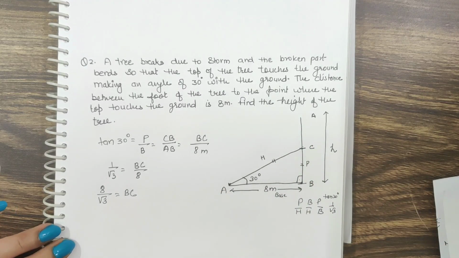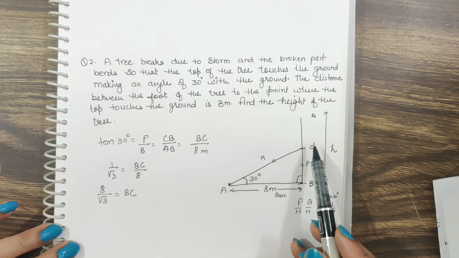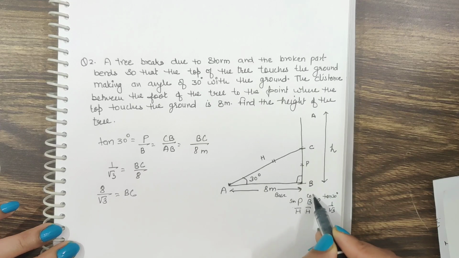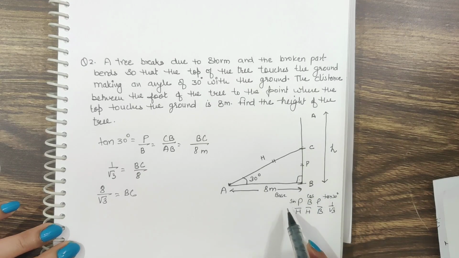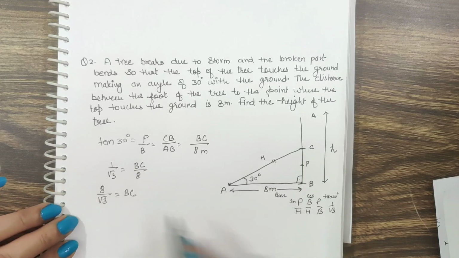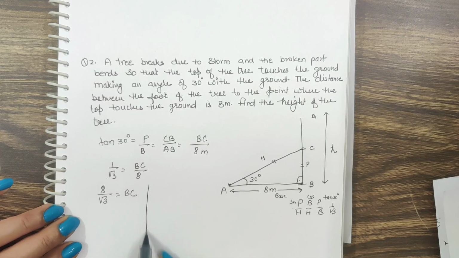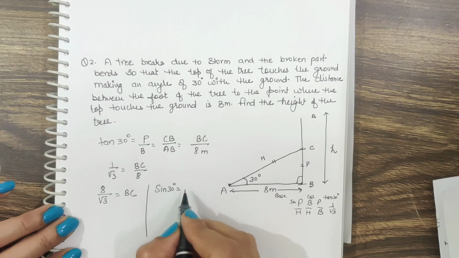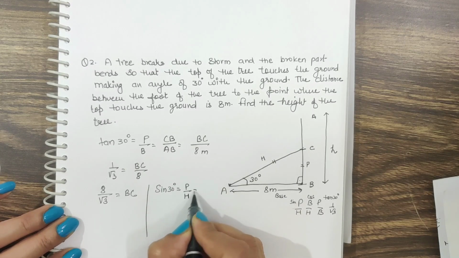Again apply the trigonometric property in which the hypotenuse is given. Either this one, here is sine, or this one, here is cos. It depends on you. You have both. You can calculate any. Sine P upon H, say sine 30. Now student, hurry up student, sine 30 is perpendicular upon hypotenuse.